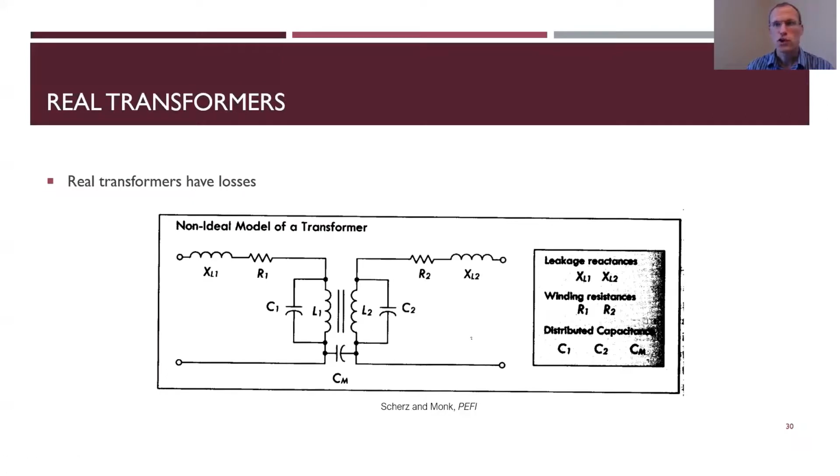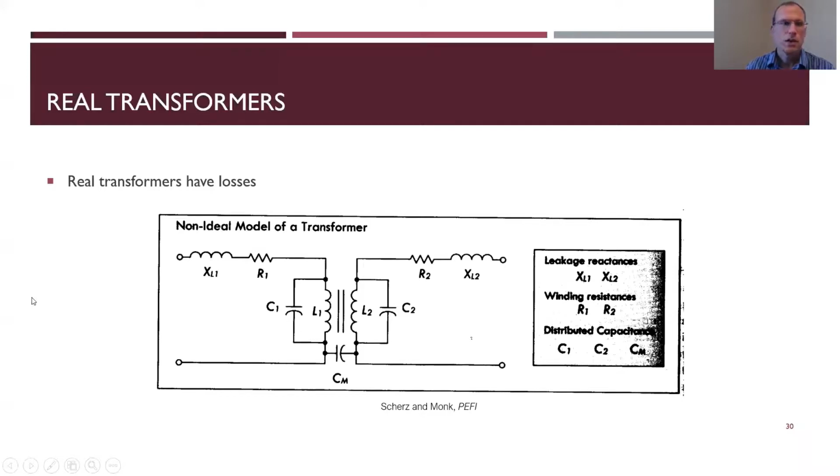Again, for real transformers, we're looking at the ideal case, so just inductors. We know that inductors actually have some resistance as well. So in addition to the inductors, there are resistances. There's the winding resistance, that's the resistance of the actual wires. There's some leakage reactance provided by the inductors as well, that's kind of non-ideal magnetic fields going different places, and also some distributed capacitance, which we kind of talked about as well.